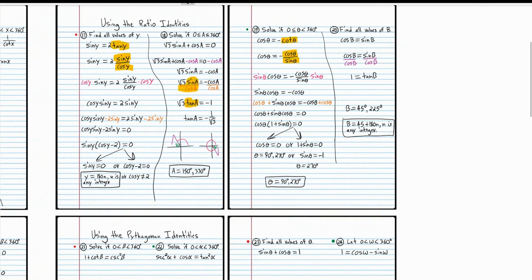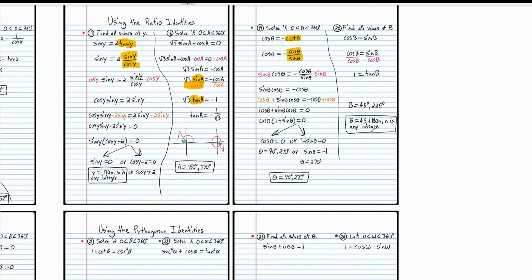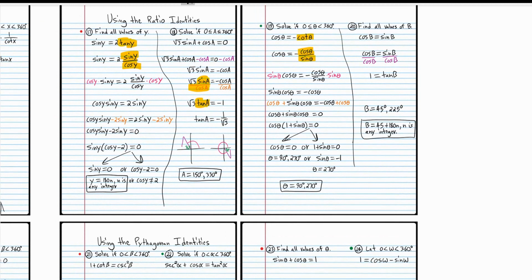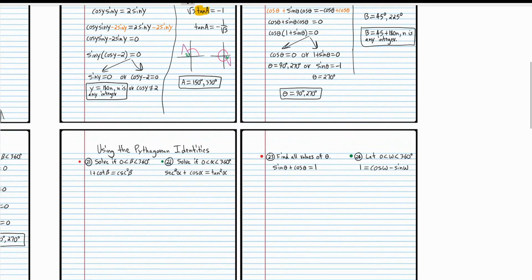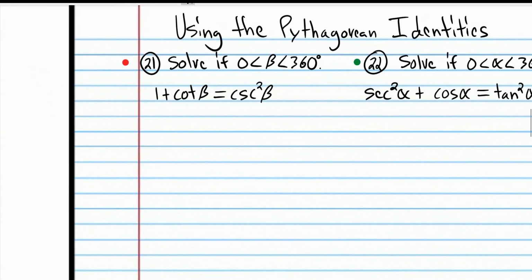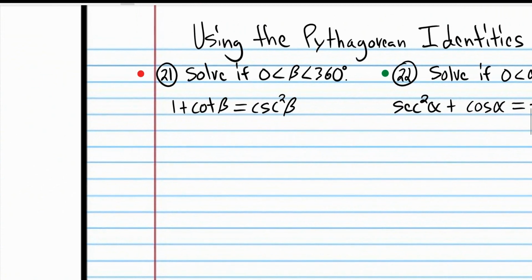Okay, so we've used the reciprocal identities and the ratio identities to solve equations. As you can see, these equations are getting pretty complicated. So now we're just going to use the Pythagorean identities with a few more problems here. Let's start off with an easy one. We know that cosecant squared beta is equal to 1 plus cotangent squared beta.